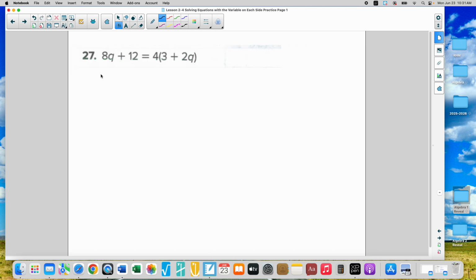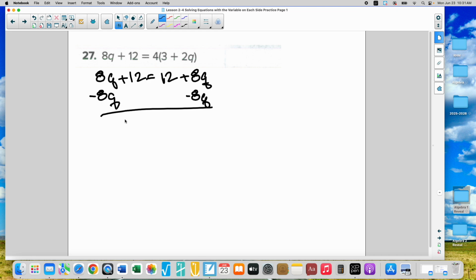We're going to distribute. So the left side stays left. Distribute this 4. That's 12 plus 8q. We're going to move the variables. That leaves us with 12 equals 12. My variables cancel. I'm left with a number statement. 12 equals 12. That's a true statement.